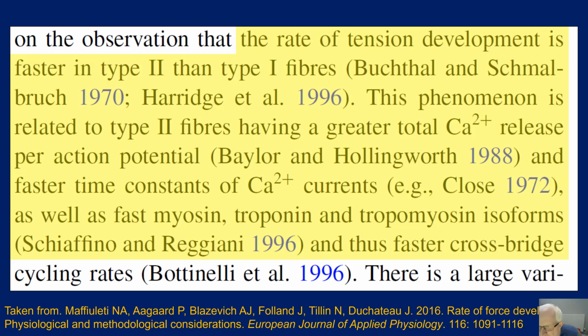Right, so what they are saying here is what we've been referring to, that basically what happens in a type 2 fibre is there's more calcium. And so more channels are going to be open, so you get a greater calcium release, and the average time those channels are open is going to be greater, and we're able to get probably a greater concentration gradient between the calcium channels and the myoplasm.